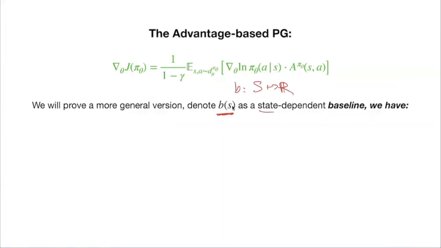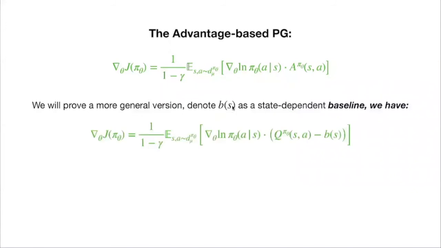This is just state dependent, and this is action independent. What we will prove is a more general result, in the sense that the policy gradient can be written in this formulation, where I can replace the Q by the difference between Q and the baseline.